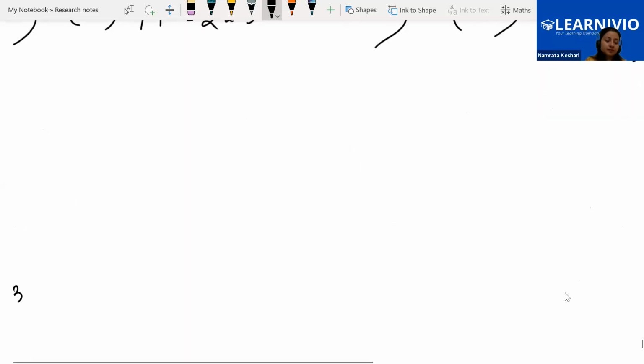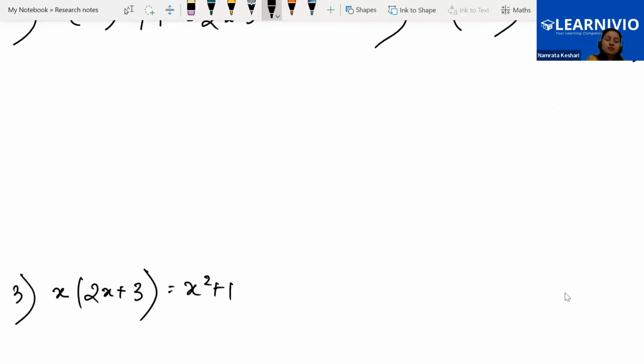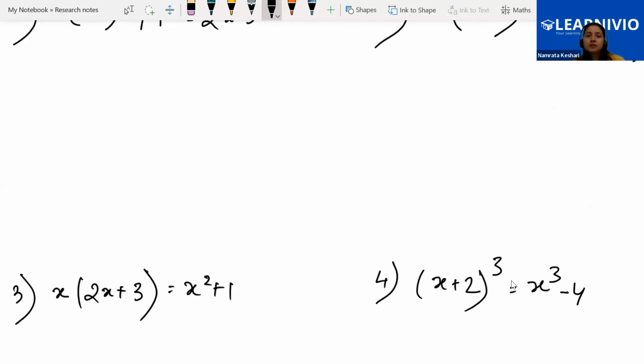Number 3, x into 2x plus 3 is equal to x square plus 1. Number 4, x plus 2 whole cube is equal to x cube minus 4. Okay.